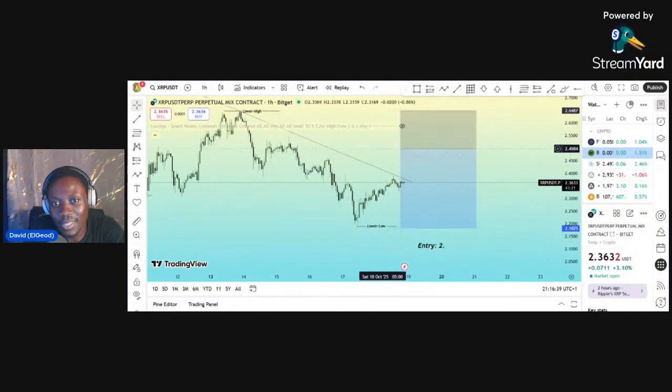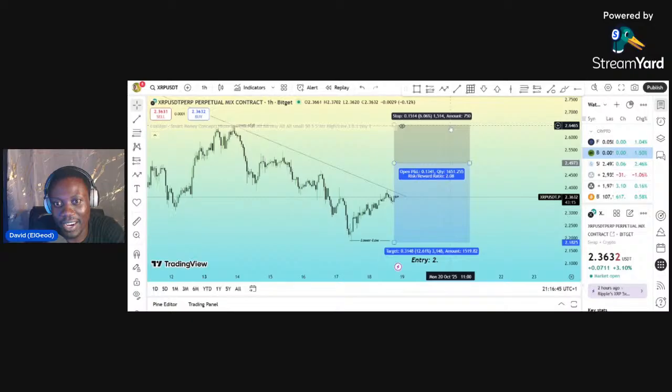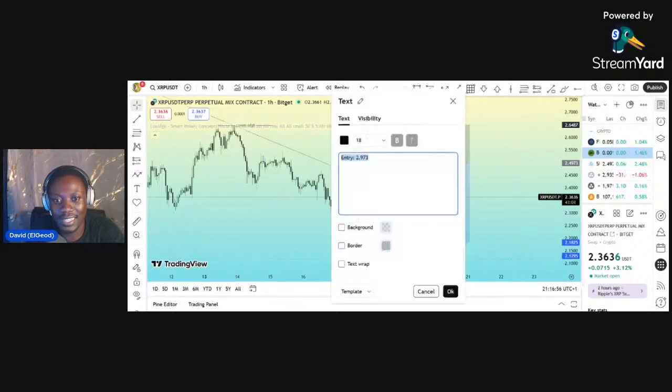No, the point of entry is here. That's the midpoint. This is a midpoint, the end of the gray area. So it is here, 2.49... 4973. Yes, exactly, sir. Then our stop loss.